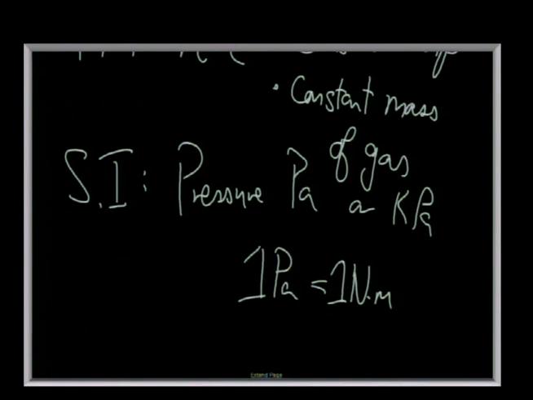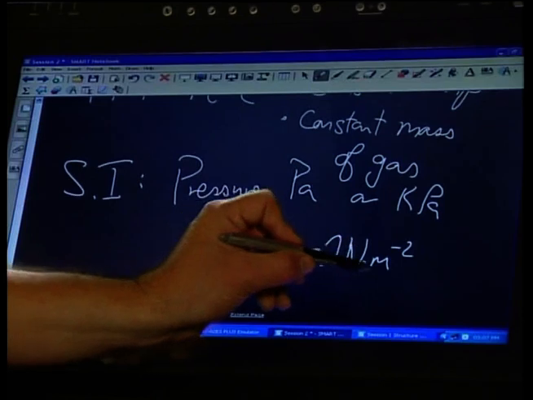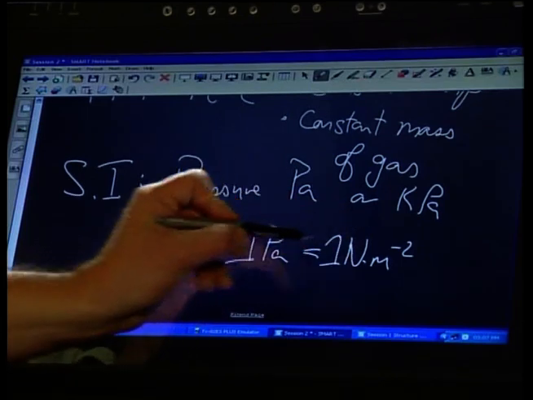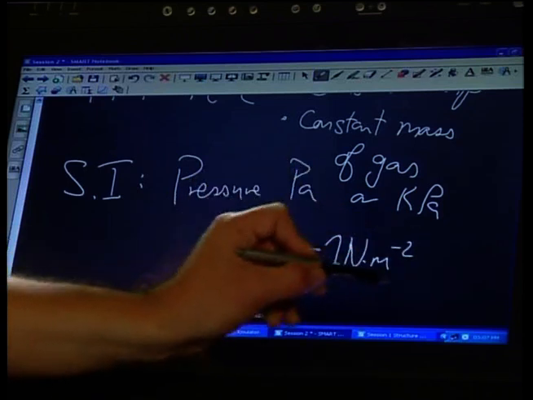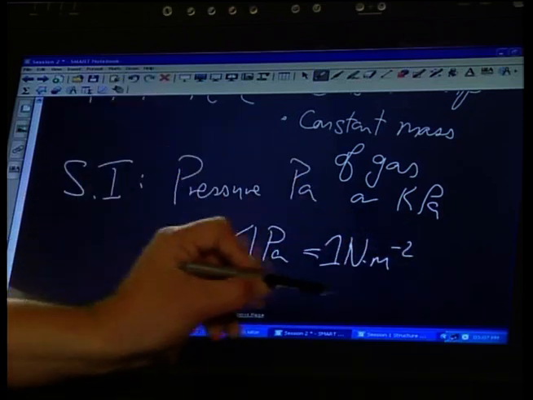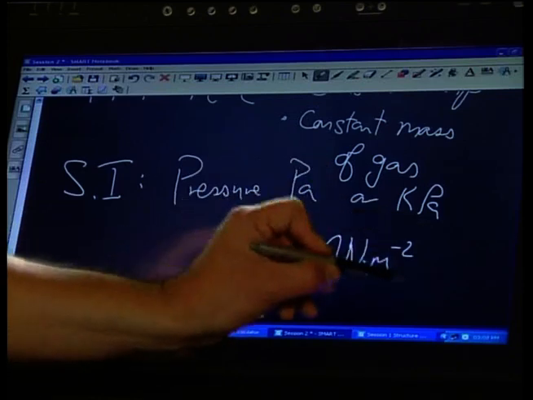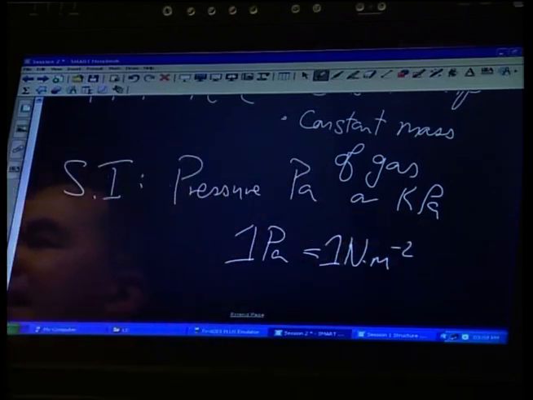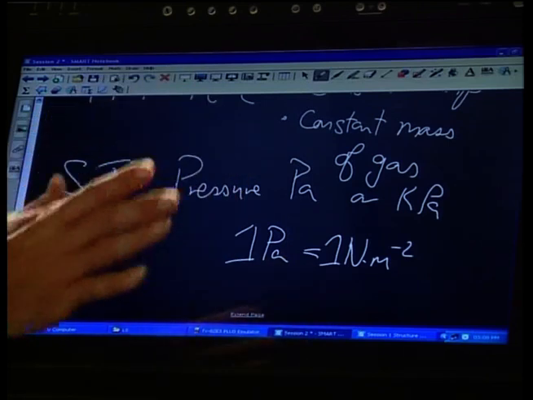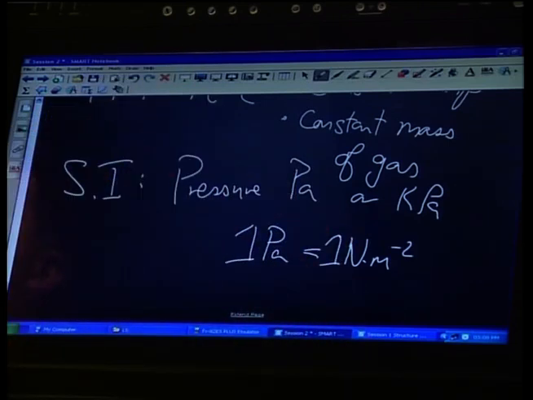We're looking at force. The pressure, remember, is force per unit area. So we need to make sure that it's 1 Newton per meter squared. That's what 1 pascal is. Making sure that we've got that SI unit all sorted out.